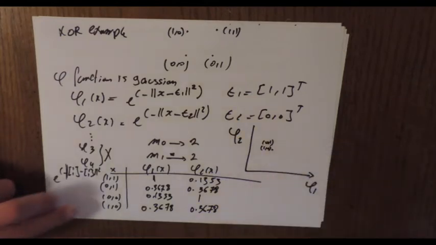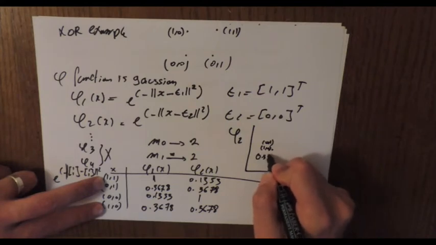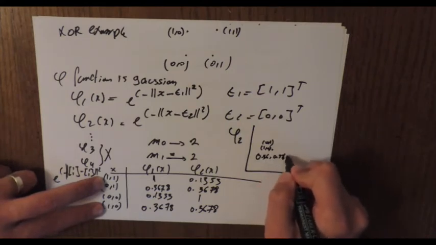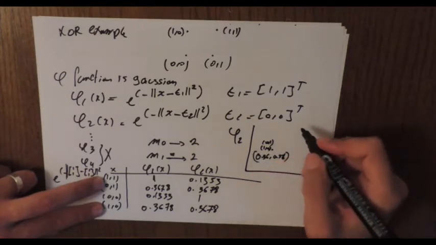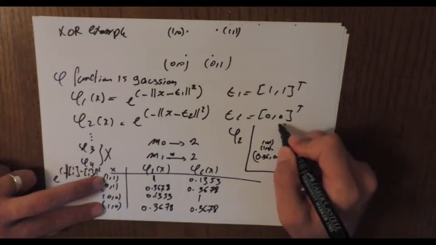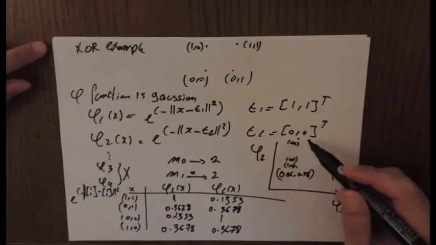These two are at the same point, at 0.36 and 0.36, or 0.37 if we round it up. And we have a point here, 0, 0, and we have 1, 1 here.